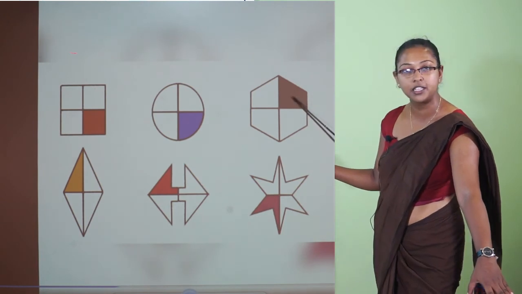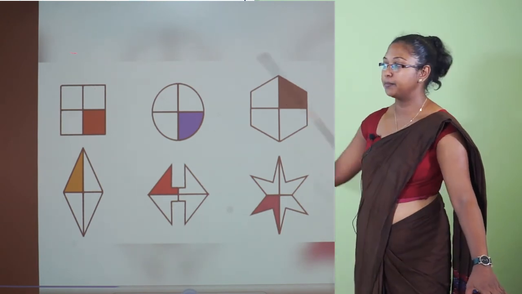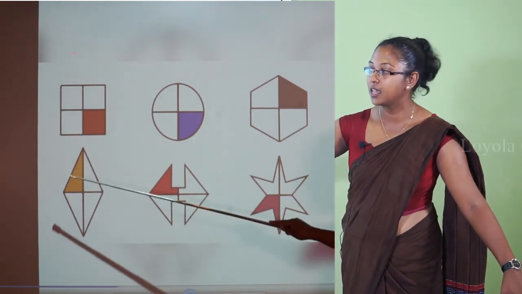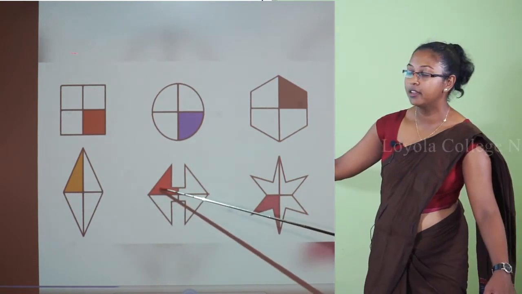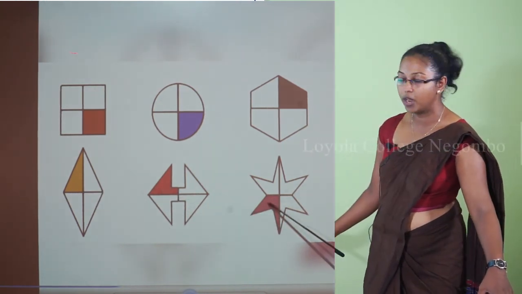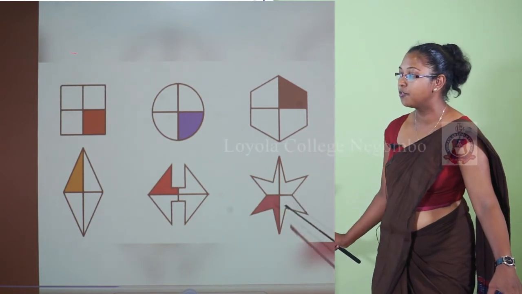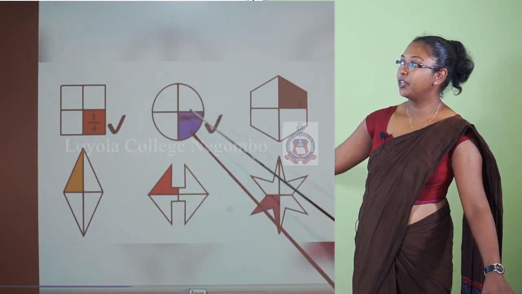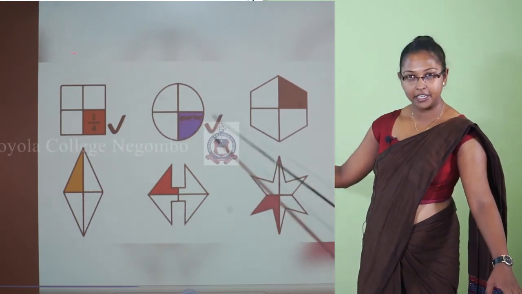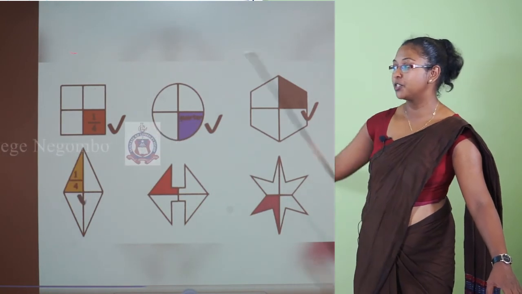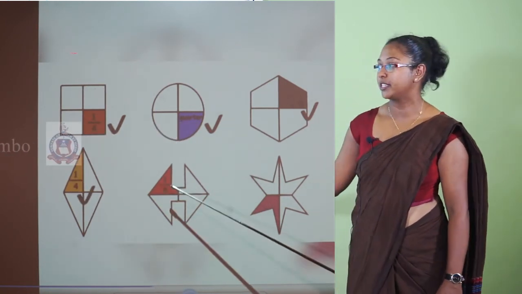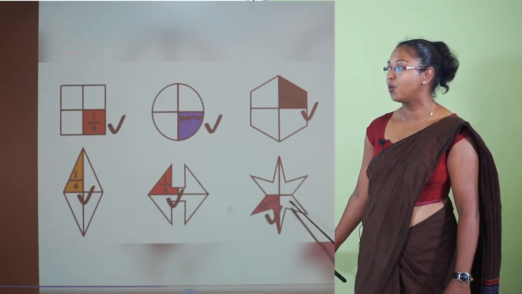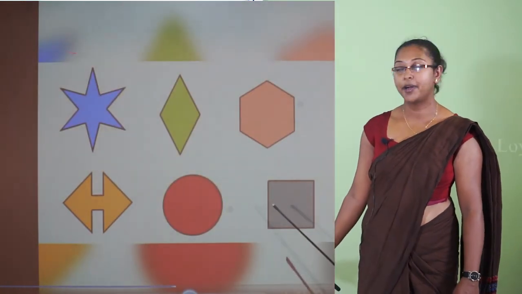Then this 1 part is called a quarter. And here again it's divided into 4 equal parts. 1 part is a quarter out of 4 similar equal parts.